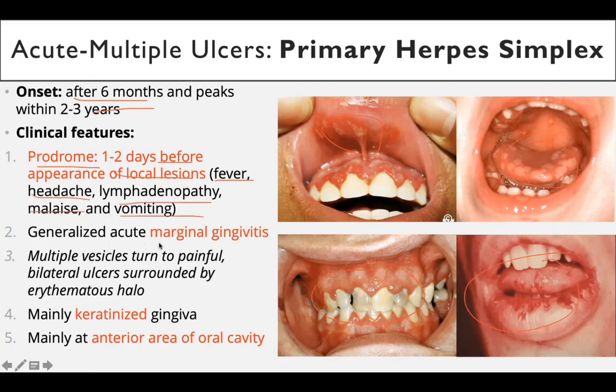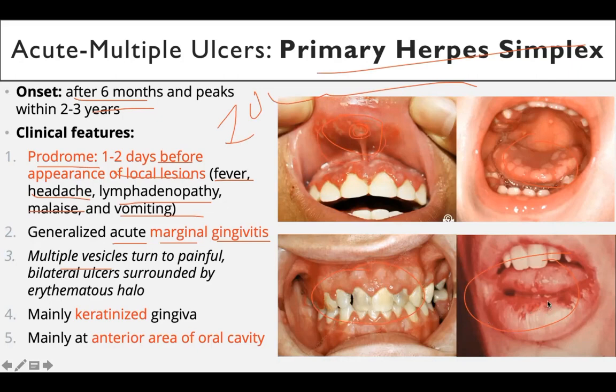And then we had acute marginal gingivitis, also known as primary gingivostomatitis, because of HSV. These vesicles are multiple and turn to painful bilateral ulcers surrounded by erythematous halo. As you remember, they had yellow in center and they were surrounded by red halo, erythematous halo.